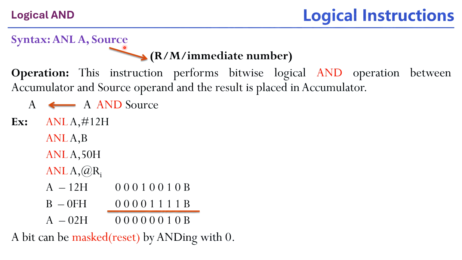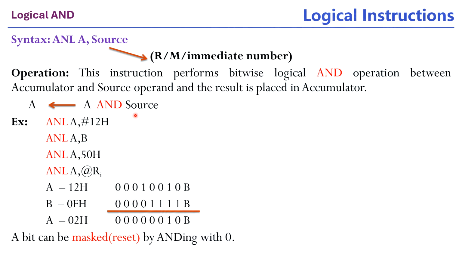The operation performs a bitwise logical AND between the accumulator and the source operand, and the result is placed in the accumulator. We saw this in the previous slide, where I calculated these things with the example.